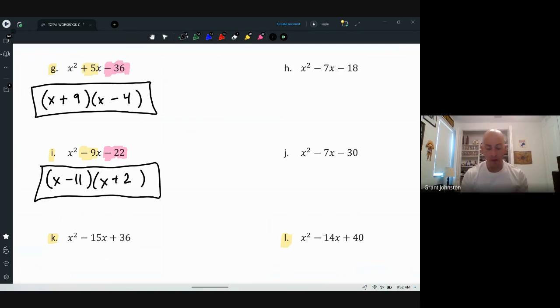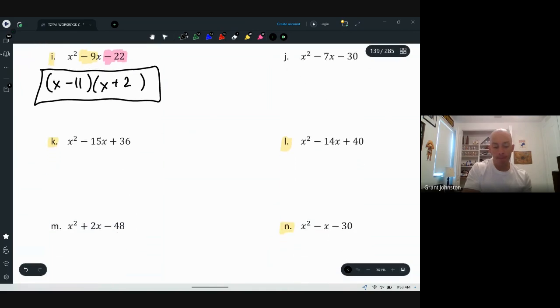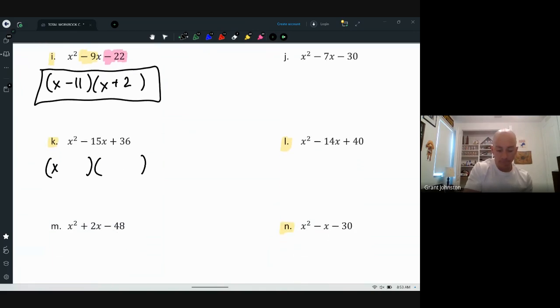Let me show you a couple more. Now this one's tricky because it's got to multiply to positive 36, yet add to negative 15.